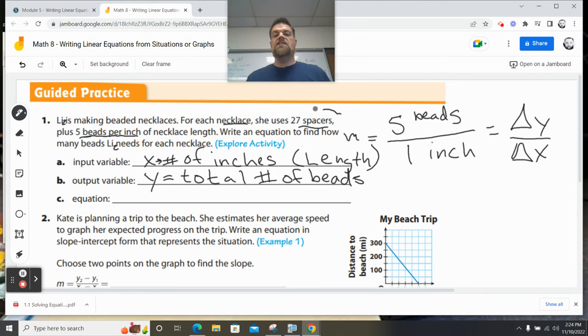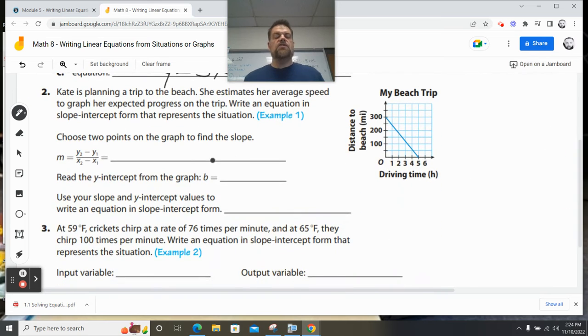Well, 27 spacers go on the necklace too. Does that go on all necklaces? Yeah. So I'm going to guess and say y, the number of beads on the necklace, is 5 times x plus 27. That was easy enough. Let's do the next one.